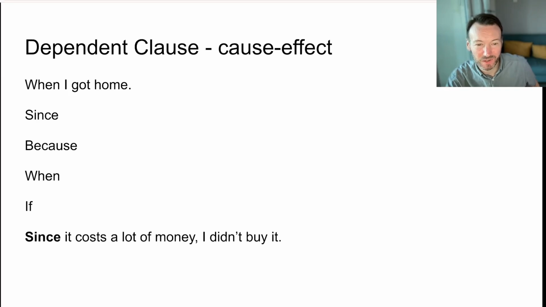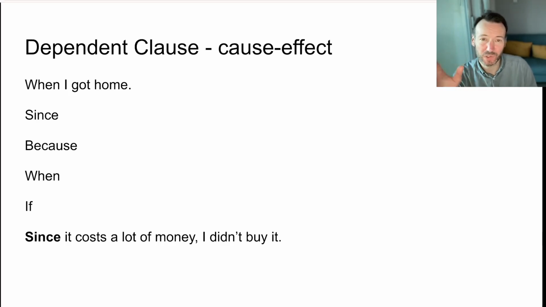So, since it cost a lot of money, I didn't buy it. So, if we just use since it cost a lot of money, that's not a complete idea. We don't know what the end of that idea is.